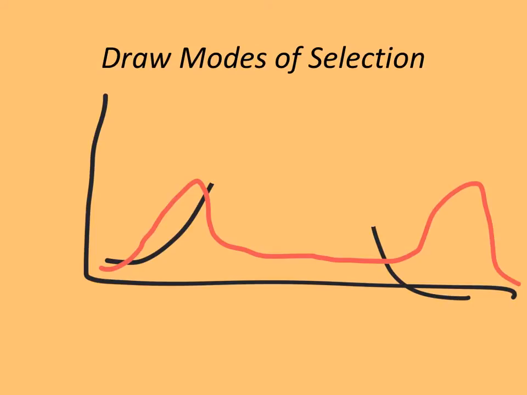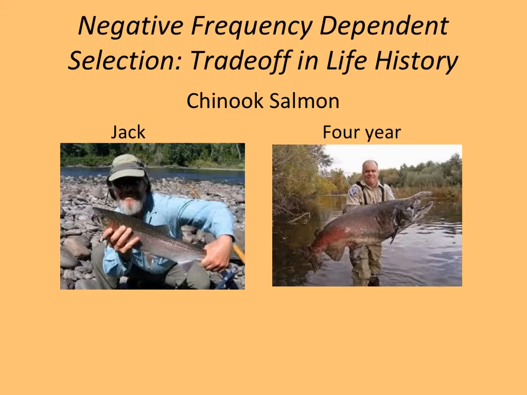That's called disruptive selection. Then there's something called negative frequency dependent selection. These are salmon. There's a large male salmon. On the Kenai, there's a small little jack. You might think that the big guy, bigger is better.